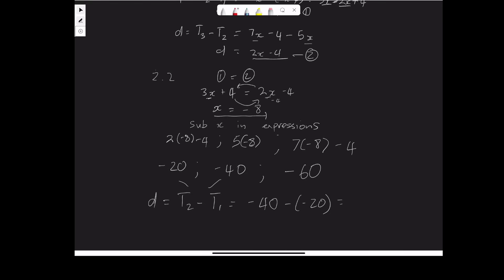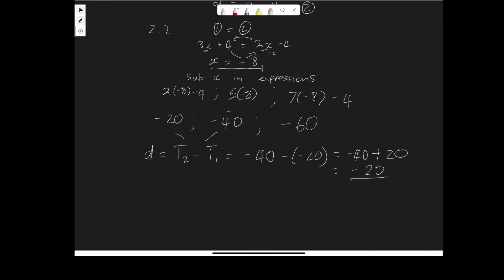Okay, please don't forget that. So what's happened here? Note, negative times a negative would be a positive, so I end up with minus 40 plus 20, and this would be minus 20. So it means that I've added by a negative 20 to get to the next term.